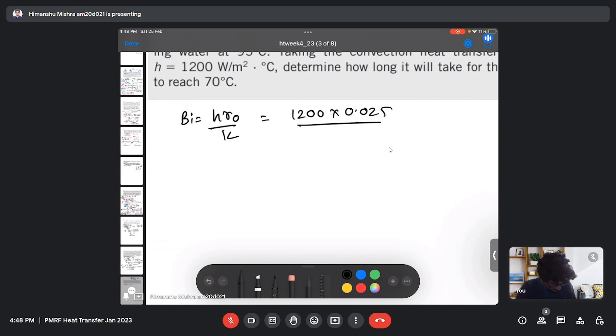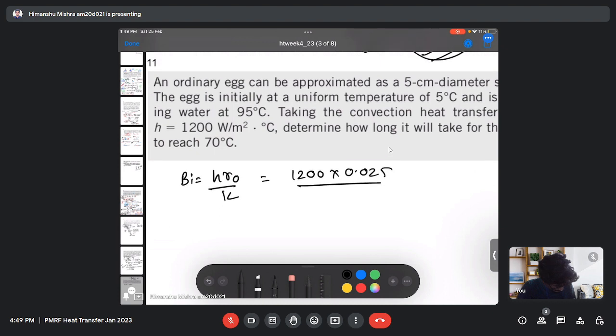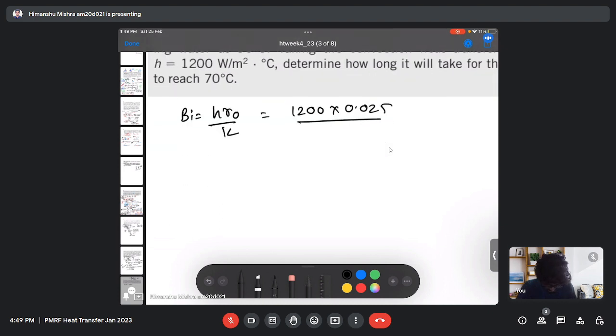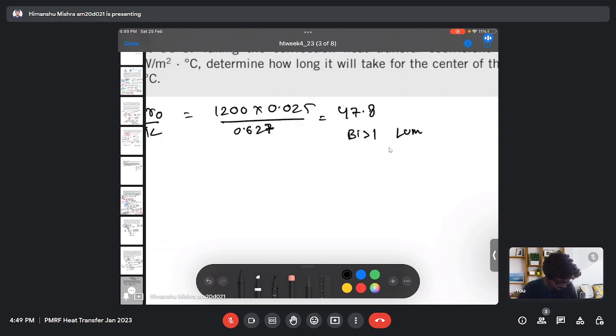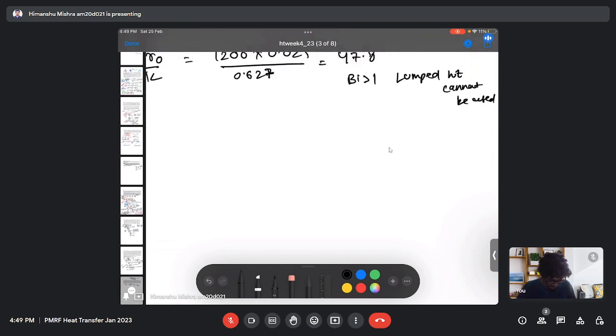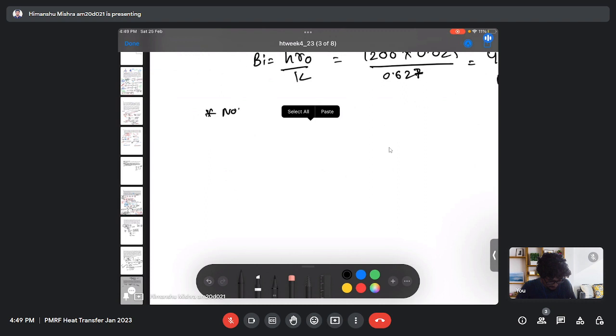My radius is 0.025 and my conduction coefficient is 0.627. On solving this, we find our Biot number is 47.8. Hence, we cannot use the lumped heat transfer process. Further, we are not treating this as a semi-infinite body also.